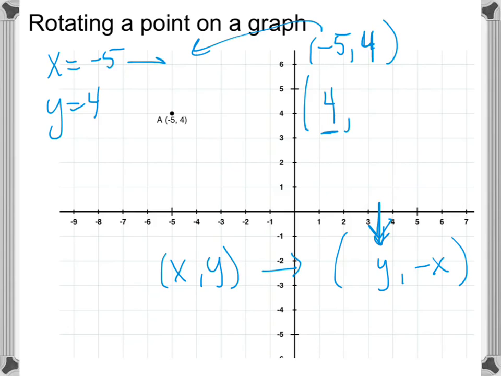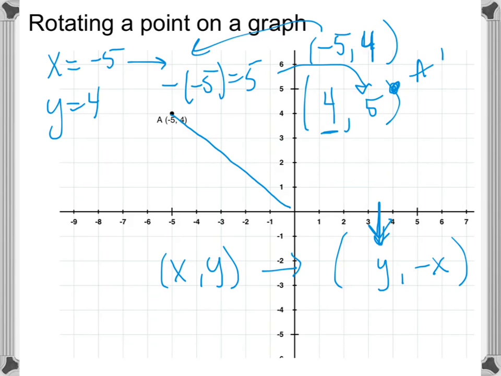And it takes your x-coordinate, takes the opposite, so the opposite of negative 5 is 5, and it puts that in your y position. So A, if it's rotated 270 degrees, would end up at 4, 5. It'd end up right here, A prime. And I can check that by connecting these points and noticing that that's a 270-degree angle of rotation.